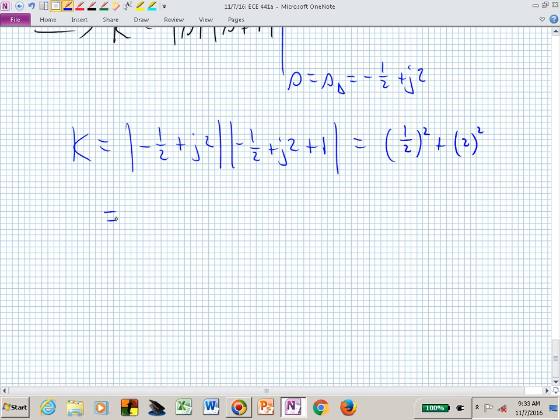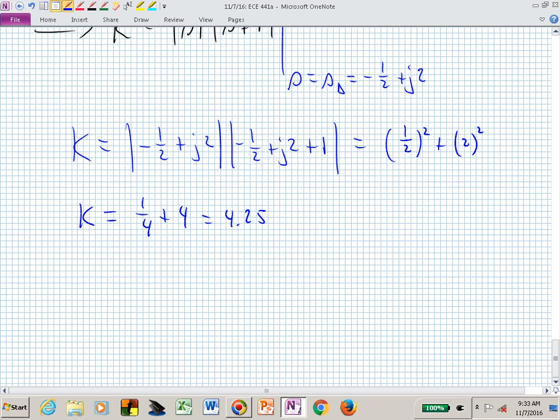So this is now what? 1/4 plus 4, or 4 1/4, right? 4.25 for K. Not a bad price.